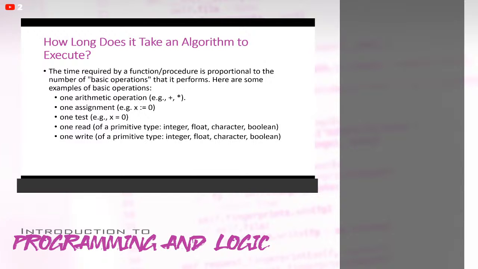But when it comes to this sort of calculation, what we're essentially doing is looking at the number of basic operations that a program performs. So the time required by some kind of function or feature is going to be proportional to the number of basic operations that it performs.